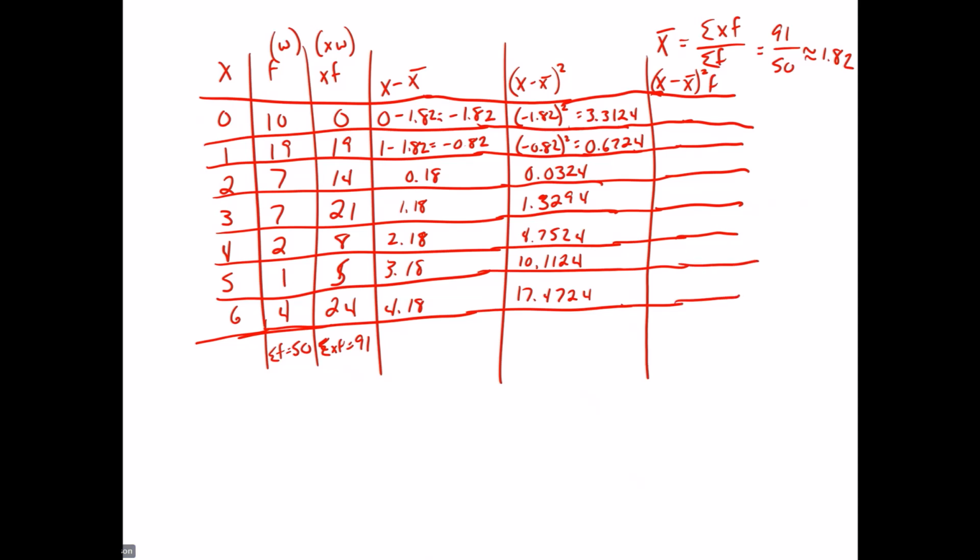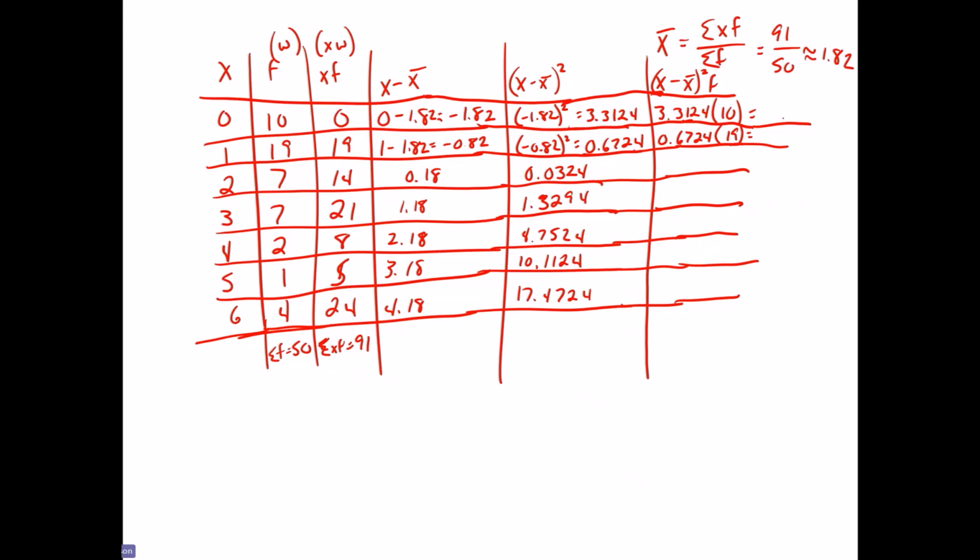So we multiply 3.3124 times our frequency of 10, 0.6724 times its frequency of 19, and so on all the way down.